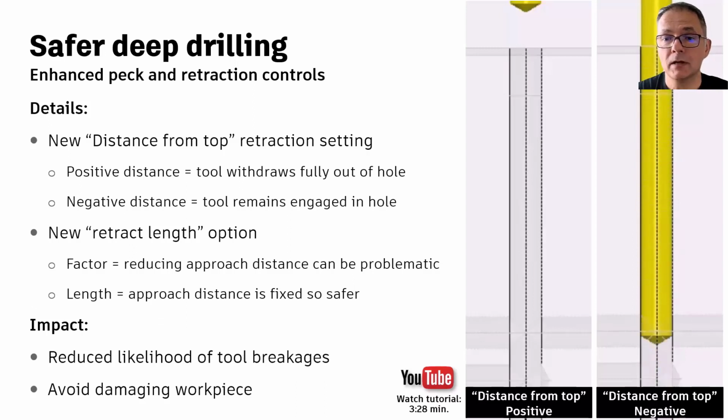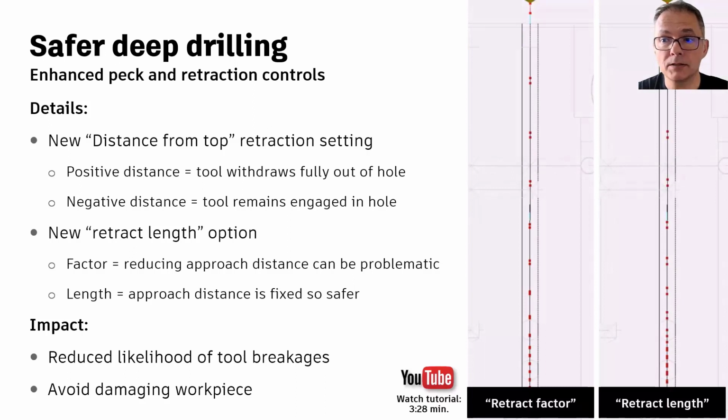When using deep drill, it's common to define a peck depth that gradually reduces as the drill gets deeper into the hole. After each peck, the tool withdraws, then plunges back to a point just above the next peck. It's here where problems can occur, as PowerMill has historically used a retraction factor to control the depth of the plunge move before the peck.